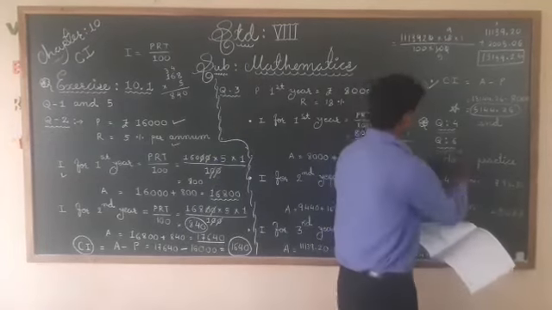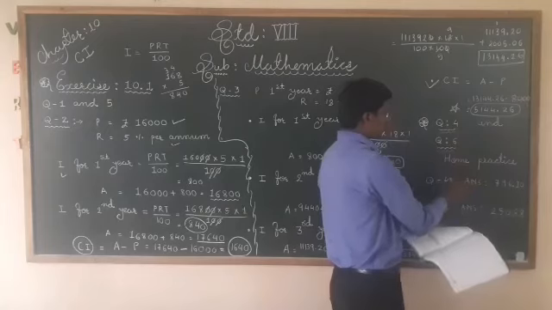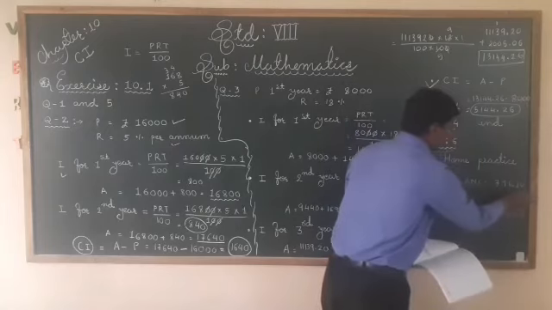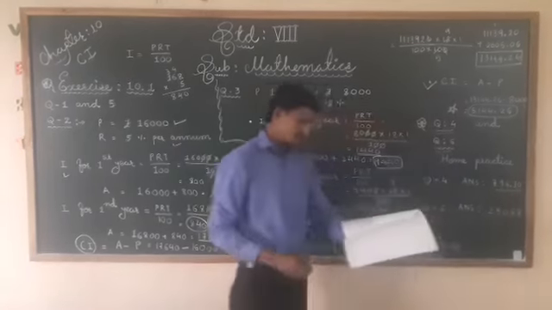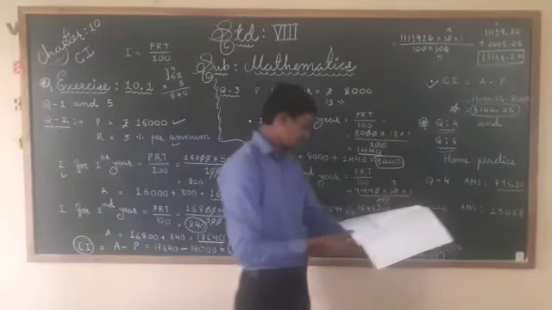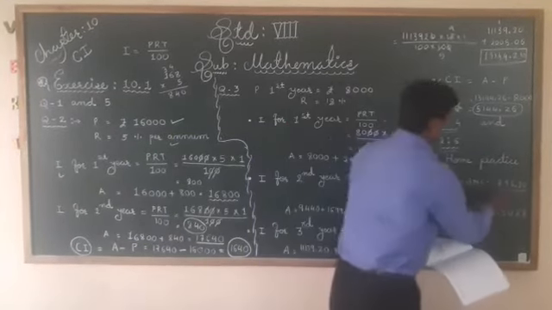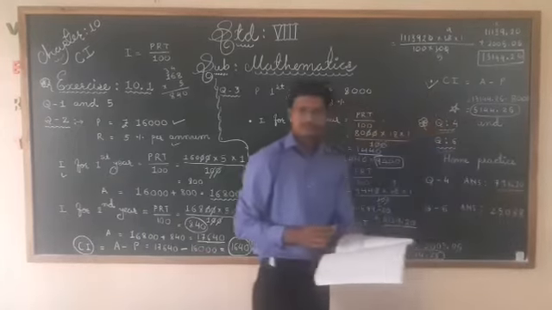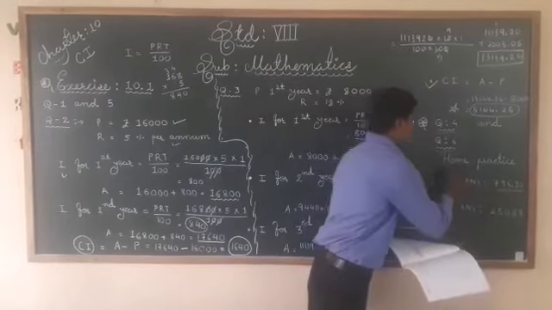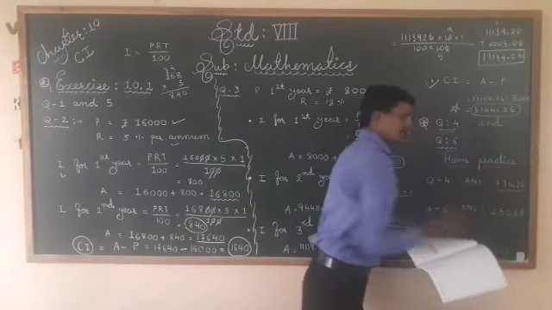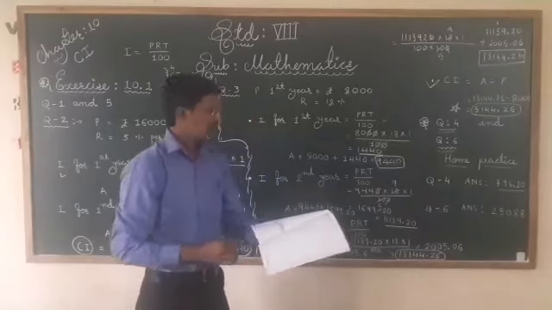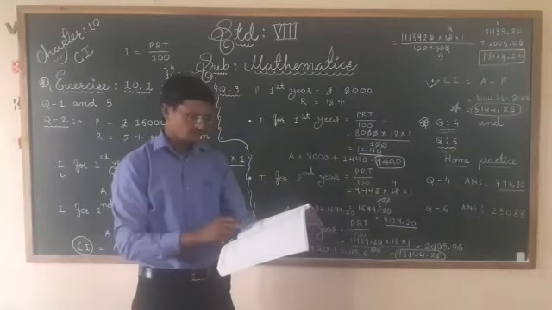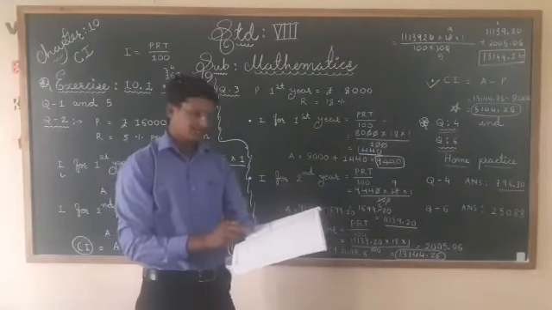When you keep this value in question number 4, you will get the compound interest, that is 796.10 rupees. You will do that as home practice, because everything is difficult to write on the board. So you can practice that type of sums.